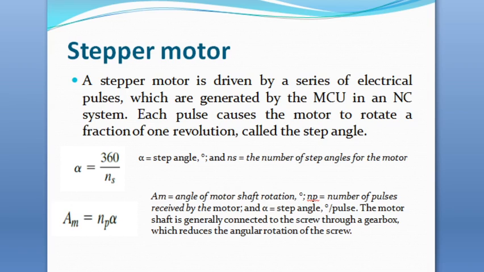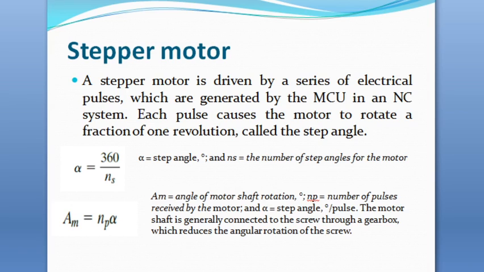So step angle formula, alpha: for one complete revolution, that means 360 degrees, it receives for example 200 pulses. For rotating one complete revolution, the stepper motor receives 200 pulses.